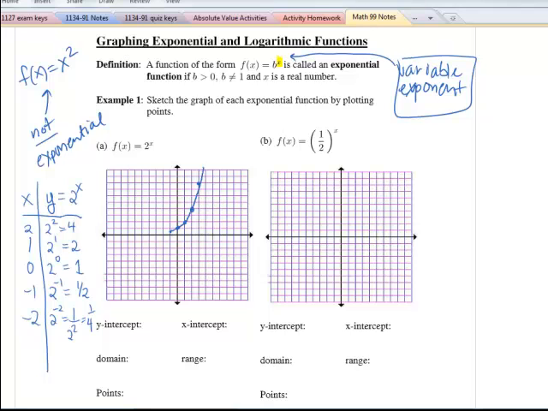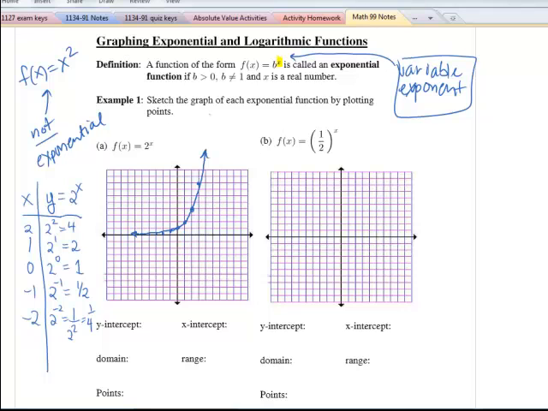As we move to the right, the graph's just going to get taller and taller very quickly. As we move to the left, we just have the reciprocal of larger and larger denominators. So we'd have 1/4, then 1/8, 1/16, and these are just going to get smaller and smaller, but there's always a 1 in the numerator.